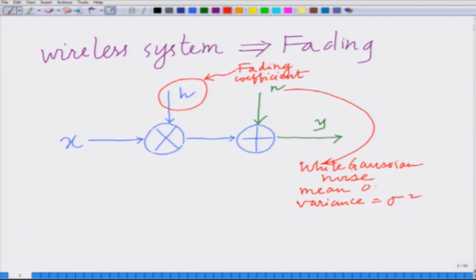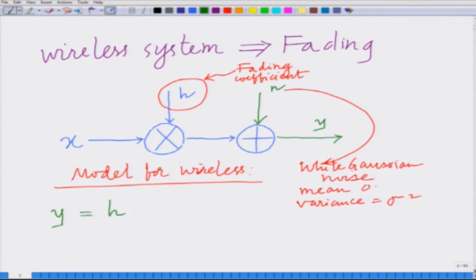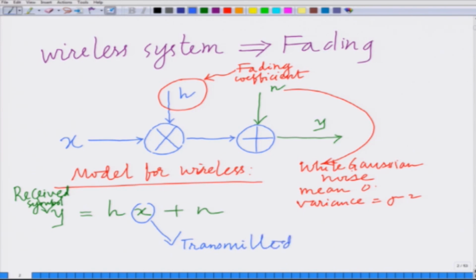And therefore, the model for this wireless system can be written as Y equals H X plus N, where Y is the received symbol, X is my transmitted symbol, N is the noise, and most importantly H is the fading coefficient.